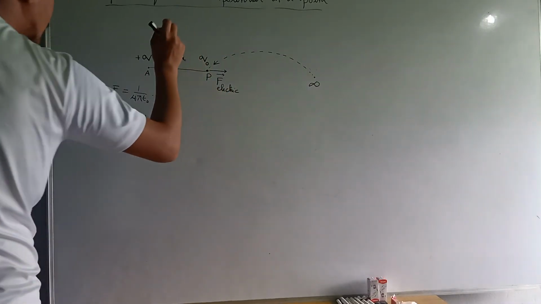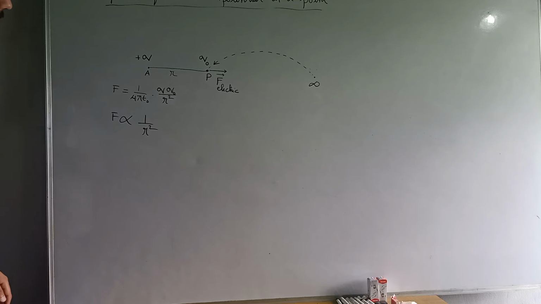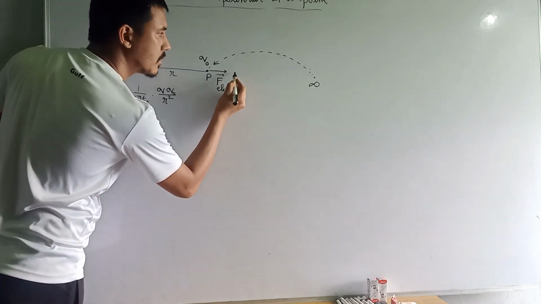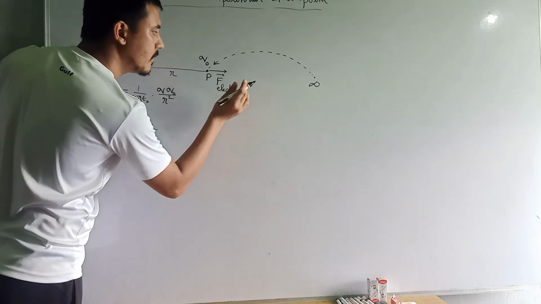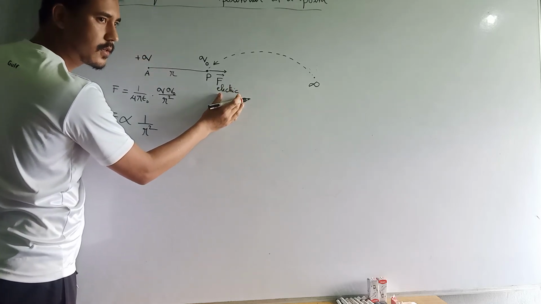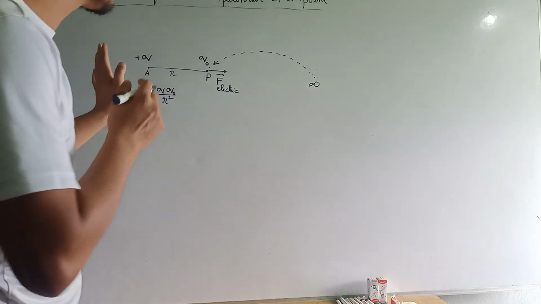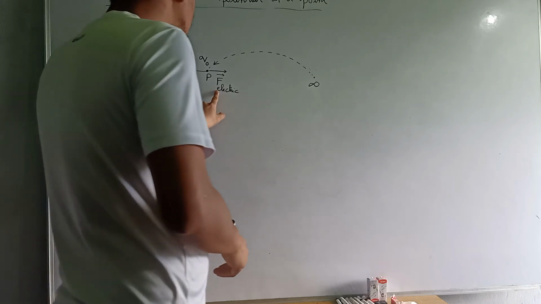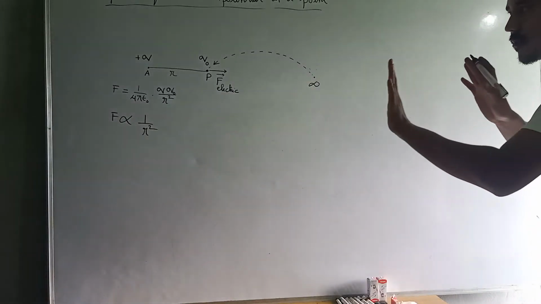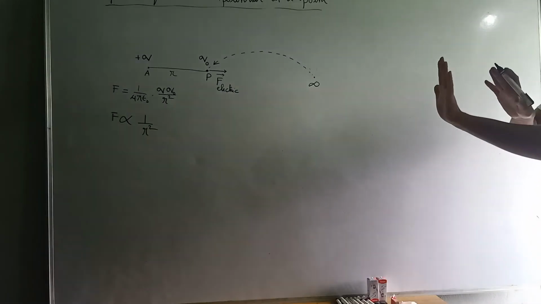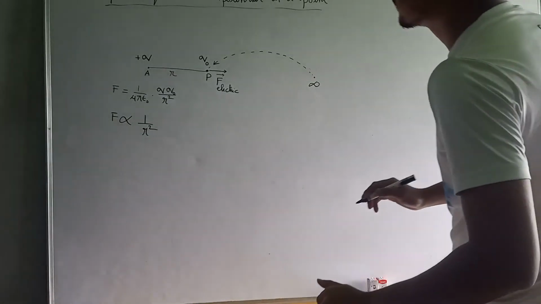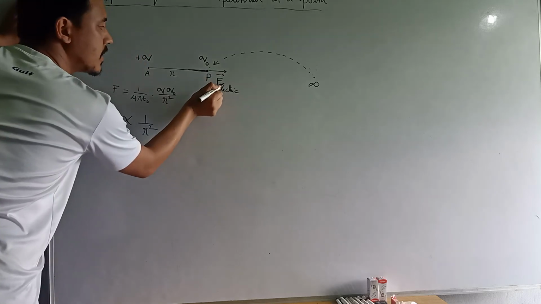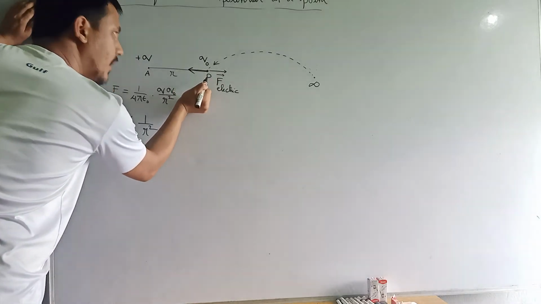Now, this electric force is a variable force. Why? Because as Q naught goes towards infinity, this force will decrease. So you have to apply another variable force equal and opposite to this electric force, so that if the electric force decreases, you also decrease that force. Is it okay? Yes.